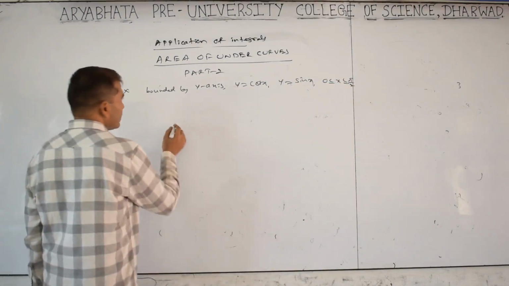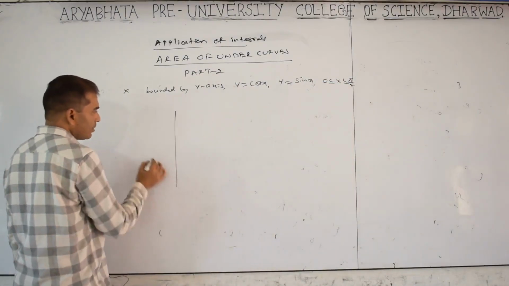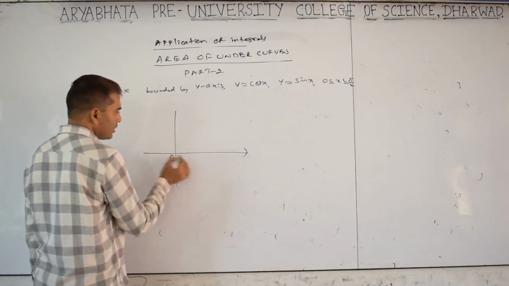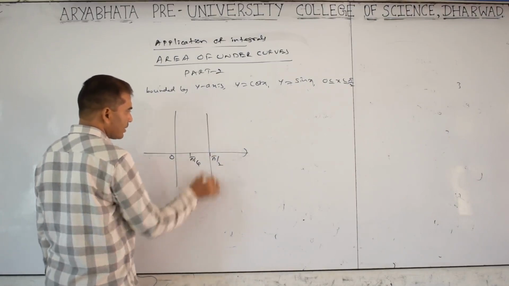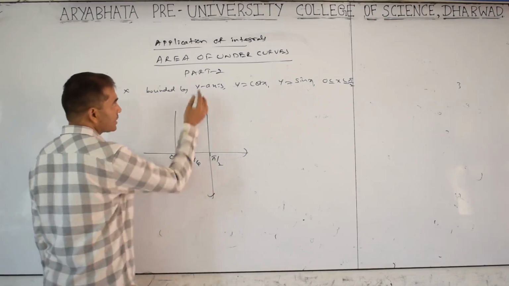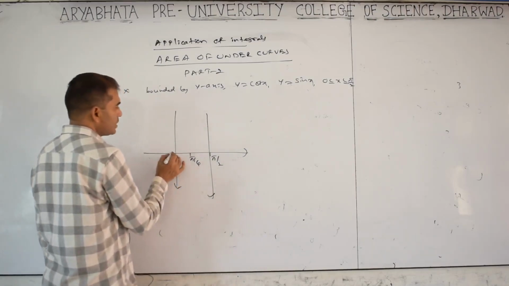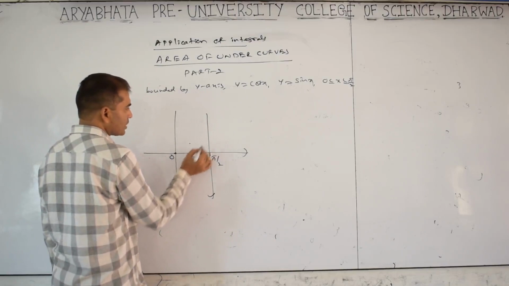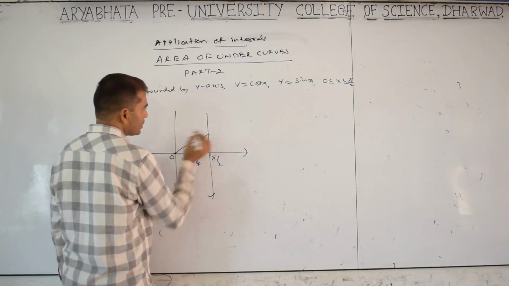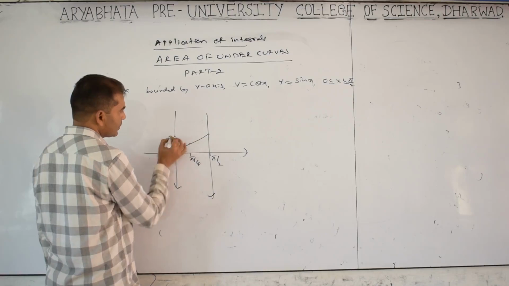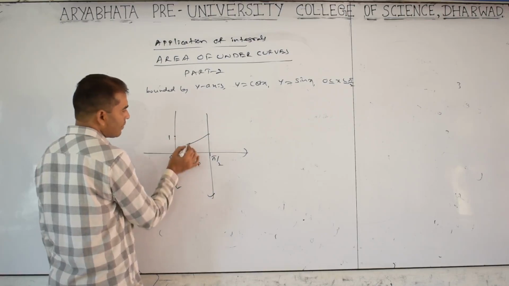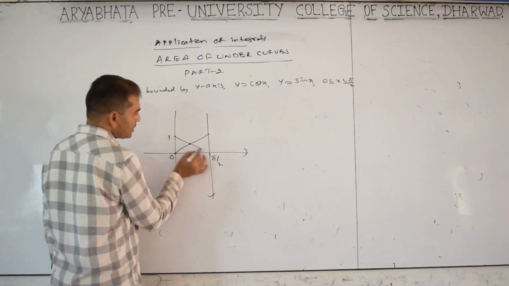We should draw the diagram only between 0 and π/2, with π/4 in the middle. First draw the sin x graph: sin 0 is 0, sin π/4 is 1/√2, sin π/2 is 1. Cos 0 is 1, cos π/4 is 1/√2, cos π/2 is 0.